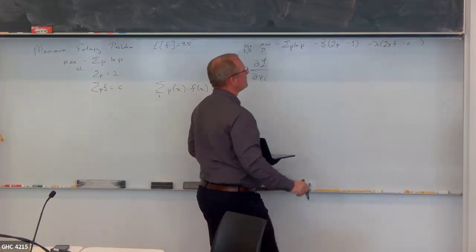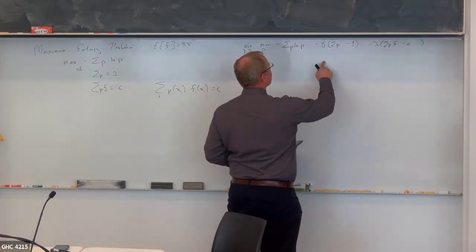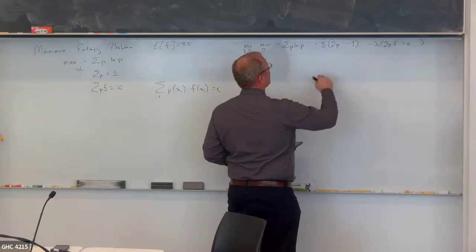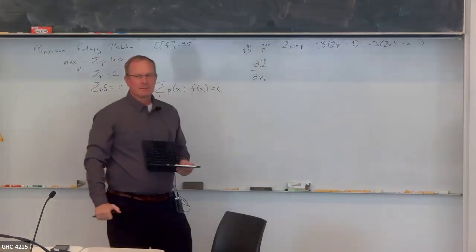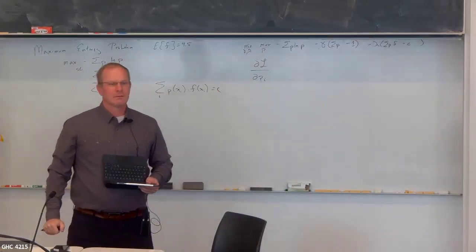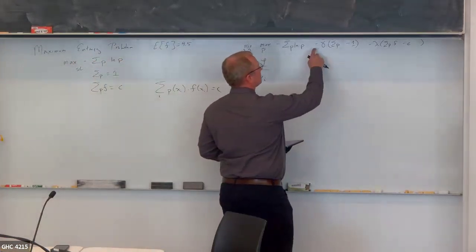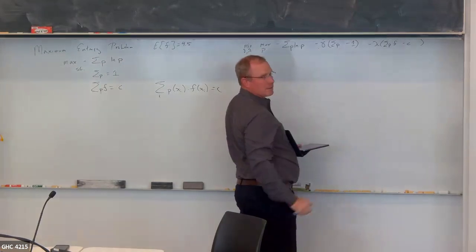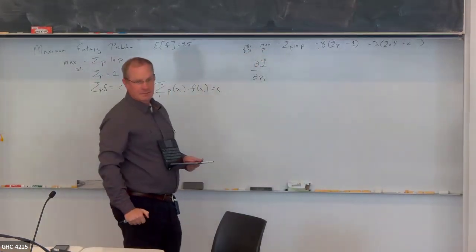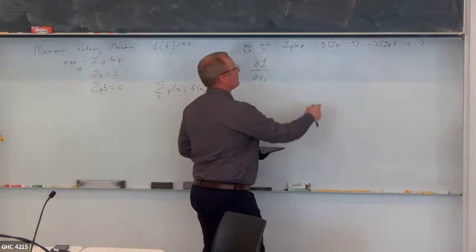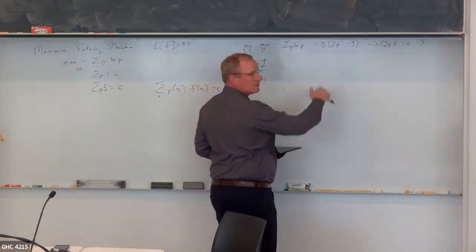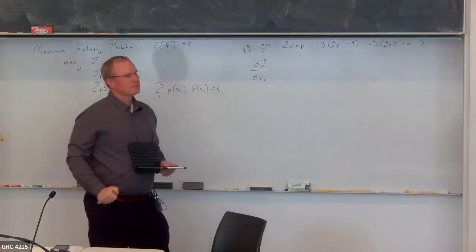Okay, very complicated. So what is the derivative of this term with respect to some particular Pi? First notice that minus gamma times minus 1 is not a function of Pi, so it doesn't matter. I'm actually only caring about this. What's the derivative of this thing?